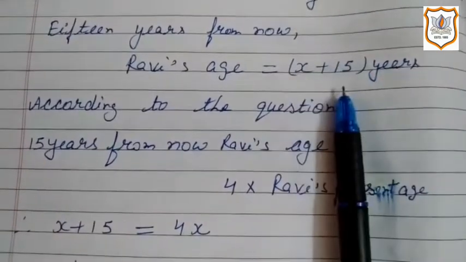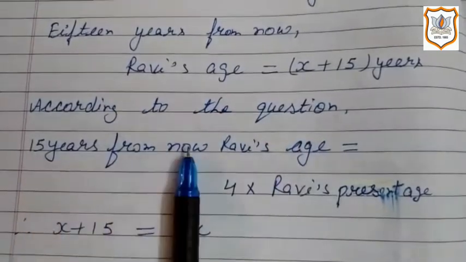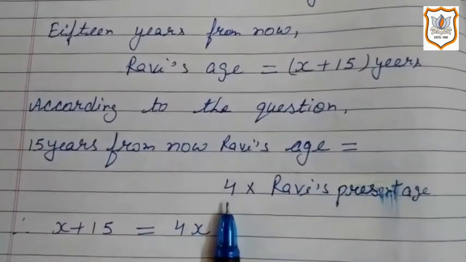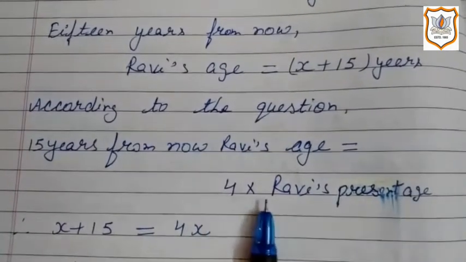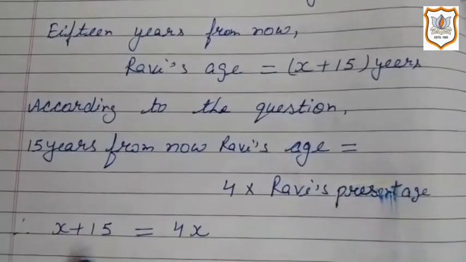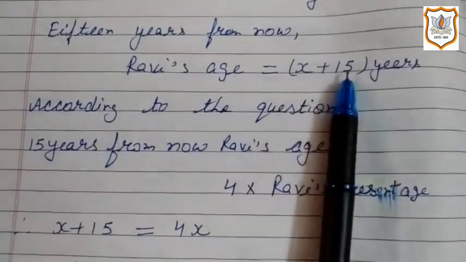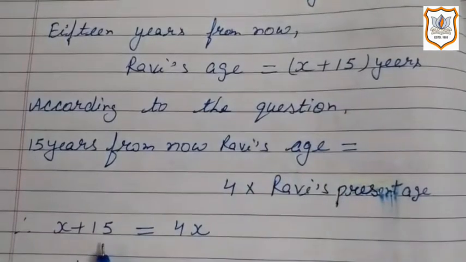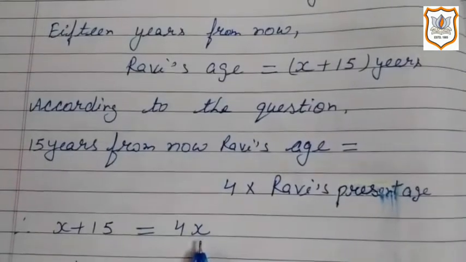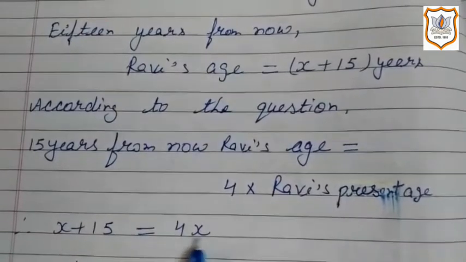We add 15 to X. According to the question, 15 years from now, Ravi's age is equal to 4 times, 4 multiplied by Ravi's present age. So 15 years from now, Ravi's age is X plus 15, so we write X plus 15. And Ravi's present age is X, so we write X. So we get X plus 15 is equal to 4X.